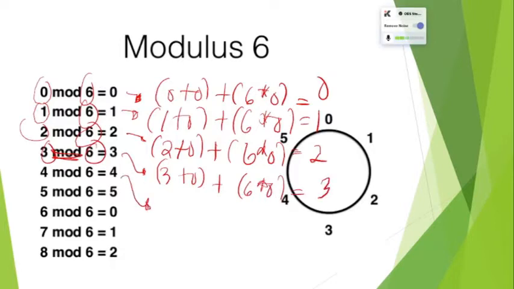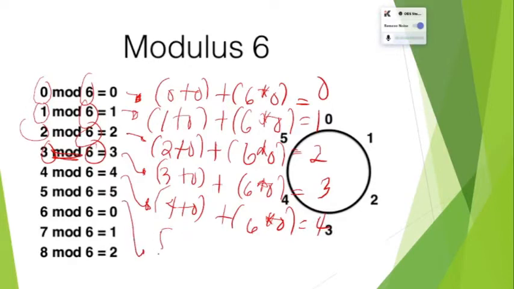So, yung modulo ng 4 and 6, so that is 4 plus 0 plus 6 times 0, that is 4. So, yung 5 naman, so that is 5 plus 0 plus 6 times 0.